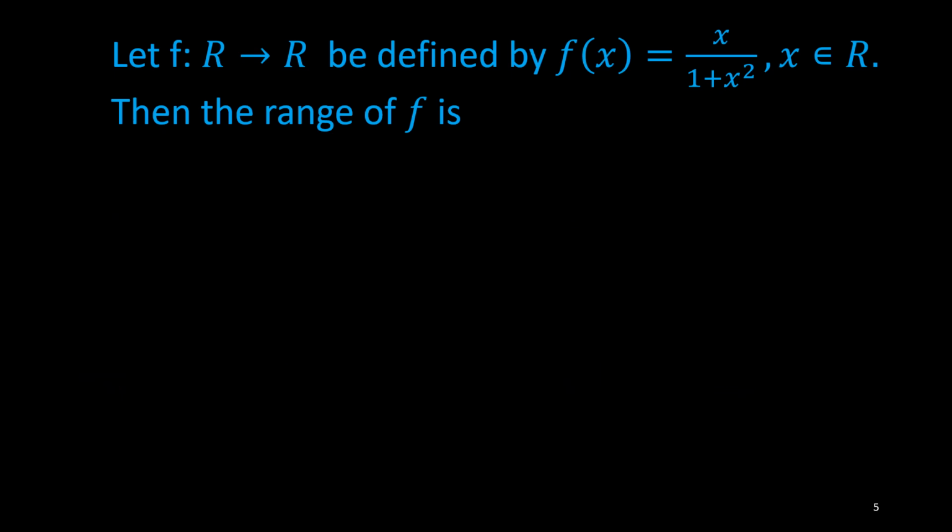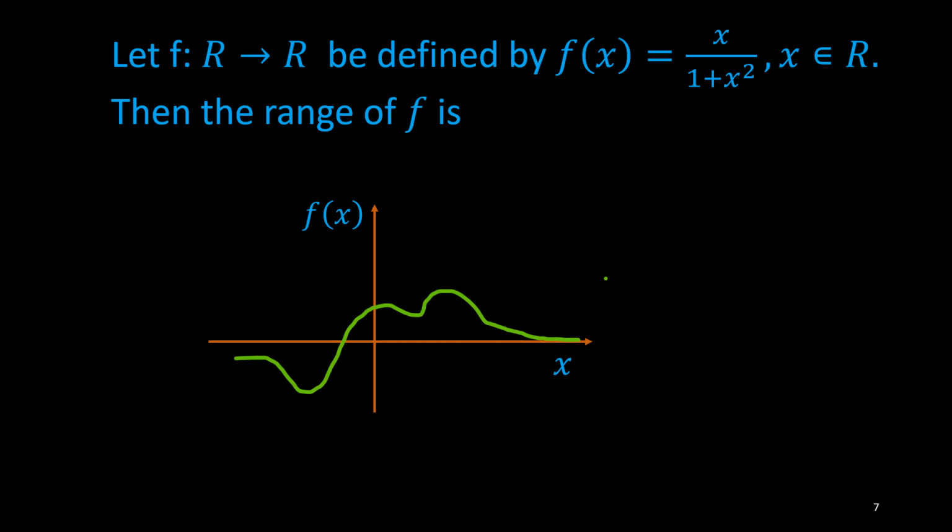Before discussing the particular problem, we will try to understand what the range of a function is. If f of x is given, where x is the independent parameter, we can plot f of x with respect to x. Suppose this is the shape of f of x. For any function f of x, we can find one level which indicates its maximum value.